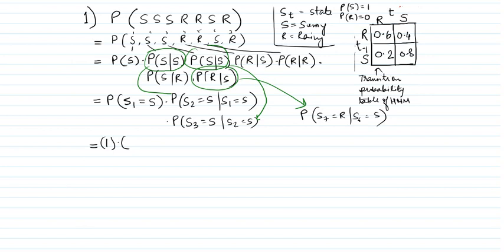So for the next value, P of S given S is 0.8, then again it is 0.8, then R given S is 0.2, then R given R is 0.6, then S given R is 0.4, R given S is 0.2. So this is the total probability of this particular sequence, right? So how much is this?